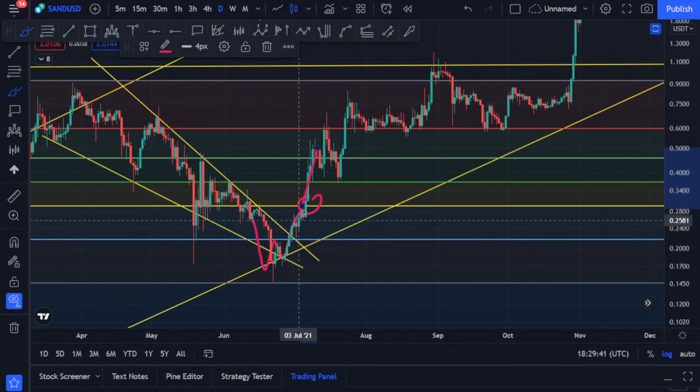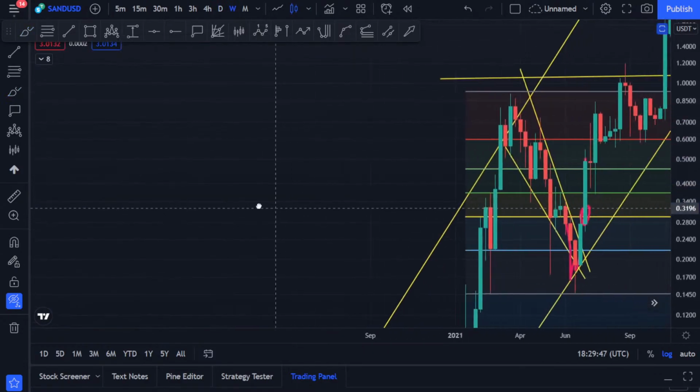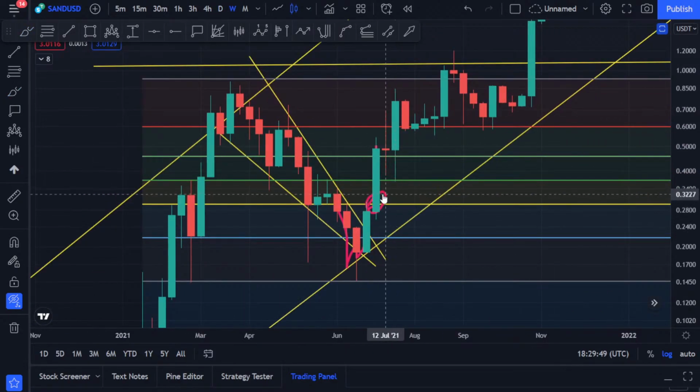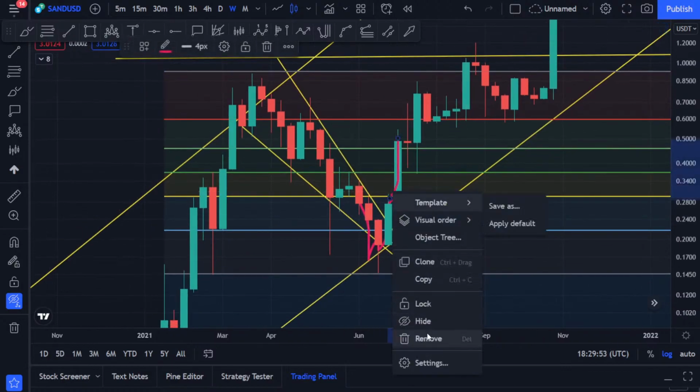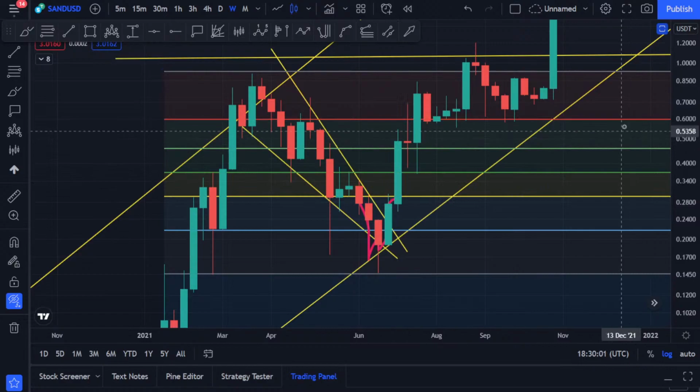I mean, it took literally a week to do this, okay? You'll see it a little bit better in the weekly time frame. Look, sometimes it doesn't even take that much effort for Sand to break things, okay? Went up, hit the level, one week, boom, break towards the upside.